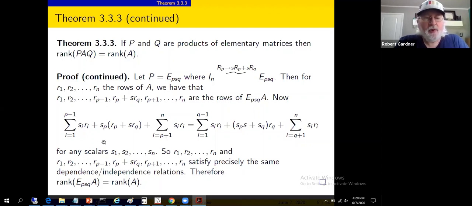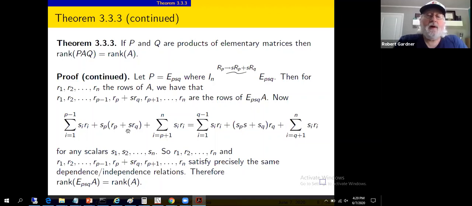So, similar to what we had above, we'll write a sum from 1 to p minus 1 and a sum from p plus 1 to n. You just get the s sub i's and the r sub i's. And the interesting thing happens in the pth slot. There, you get s sub p, but the vector has now become r sub p plus s r sub q. So that's what we get for the vector.